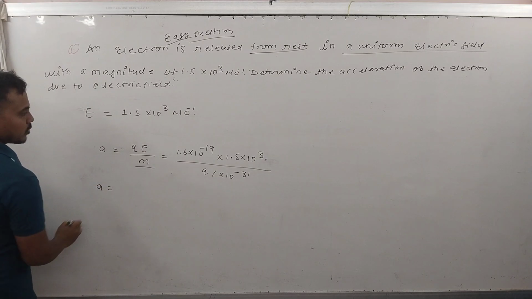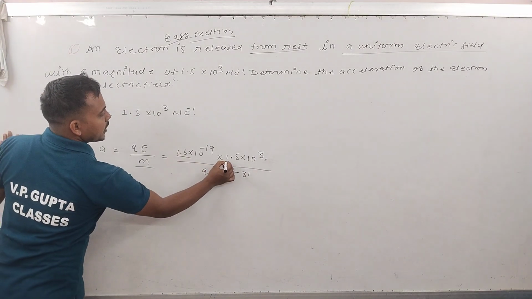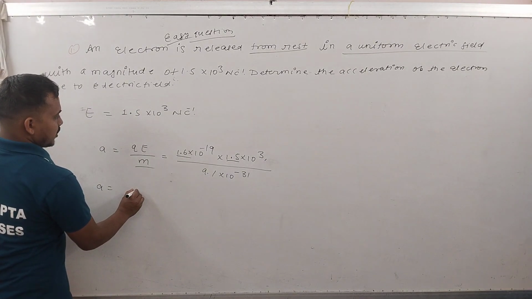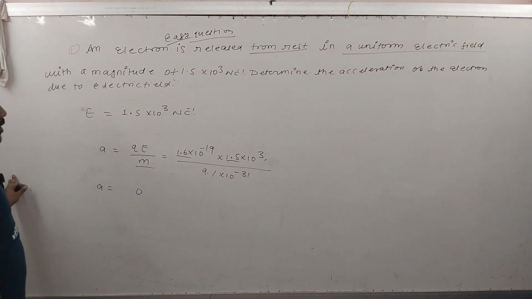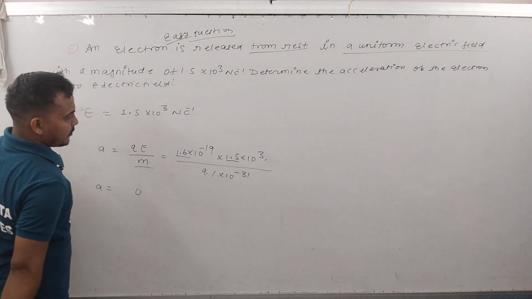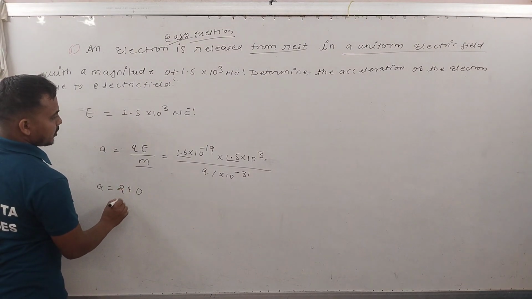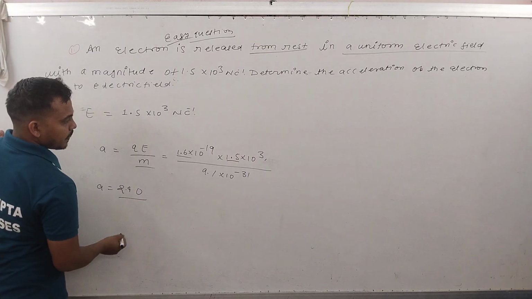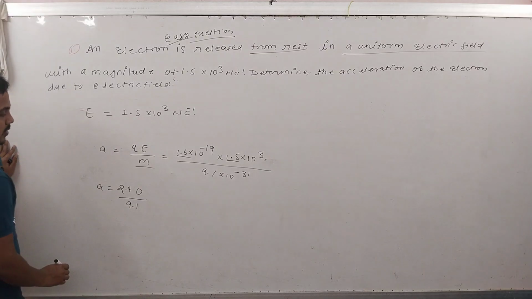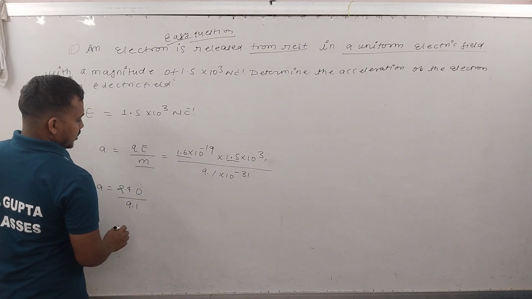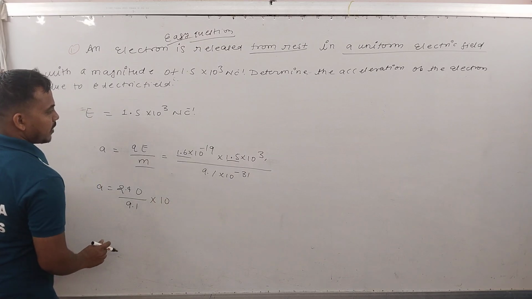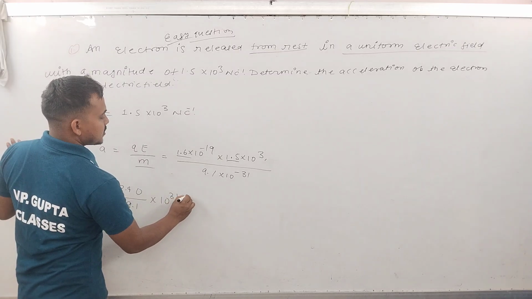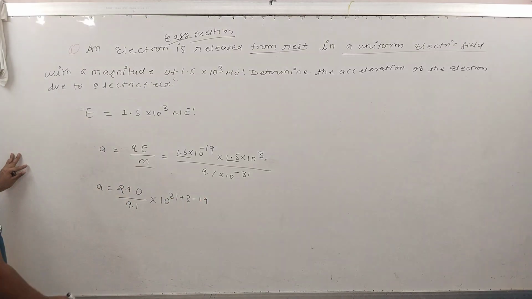Now I will solve. We multiply these terms: 15 times 6 is 90, 0 carry 9, 15 times 1 is 15 plus 9 is 24, that is 2.4, divided by 9.1. Now 10 to the power minus 19 plus 3 minus 31 gives 10 to the power 15.